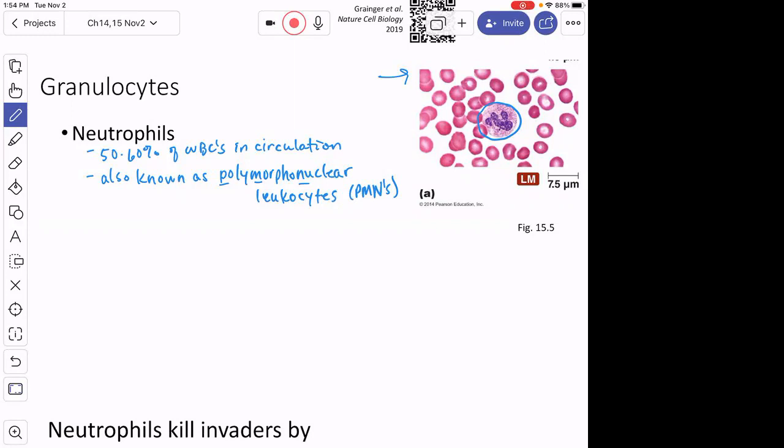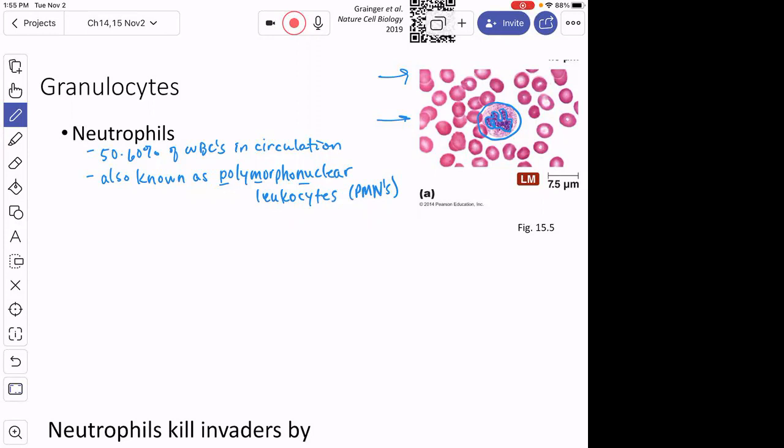Polymorphonuclear. If you look over here at the picture at that purple inside the cell, that's the nucleus. And it's got many different lobes of the nucleus. It's really kind of an odd looking nucleus. Okay, now, as we'll see, basophils and eosinophils also have that weird polymorphonuclear structure.